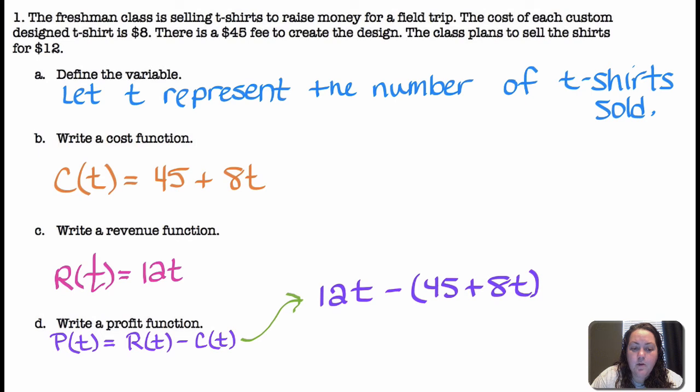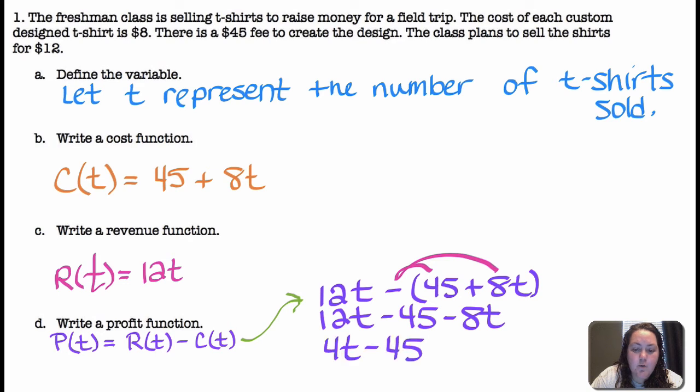My revenue function was 12T minus my cost function, which was 45 plus 8T. I'm subtracting, so I have to distribute that negative. So I have 12T minus 45 minus 8T. I can combine like terms, so 12T minus 8T gives me 4T minus 45. That's my profit function.